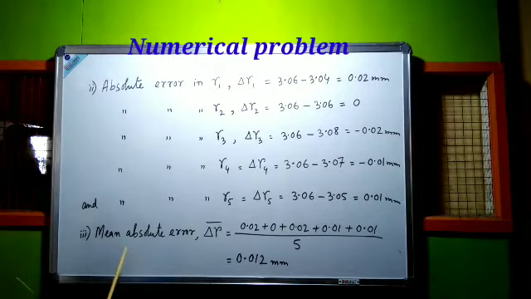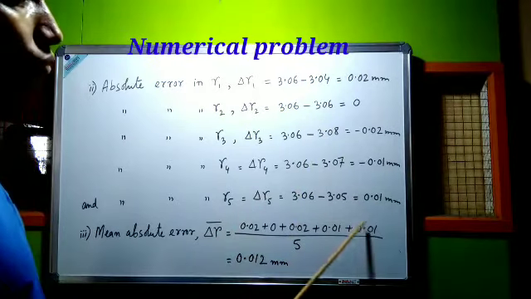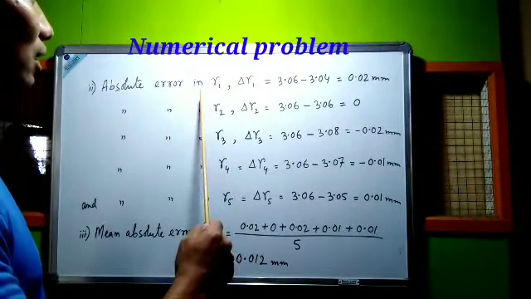Roman number 3, we have to find the mean absolute error, denoted by delta R bar, and it should be equal to the arithmetic mean of all the absolute errors in the measured values.